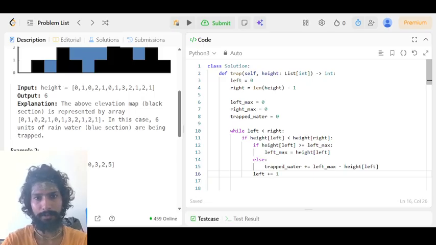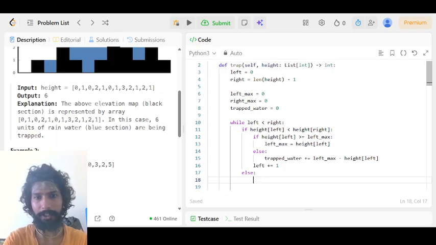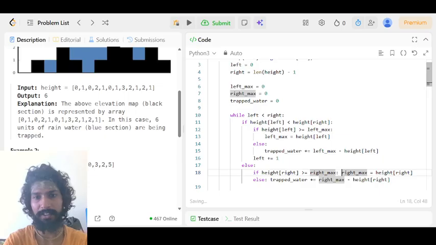And if height of left is greater than height of right, that is the else condition. Then we do a similar thing on the right side. We check if height of right is greater than right max.